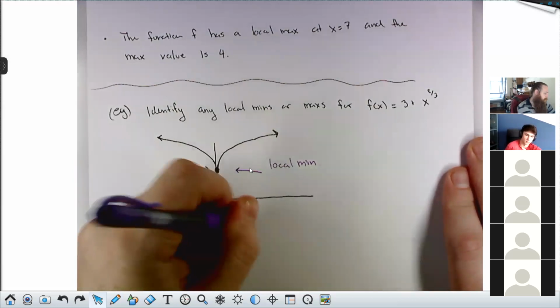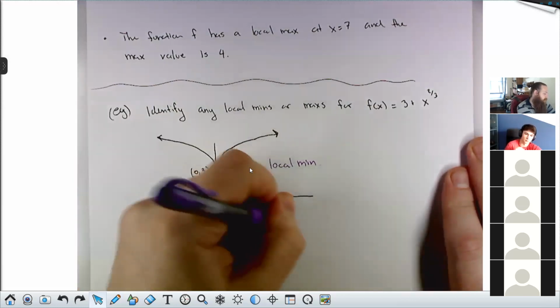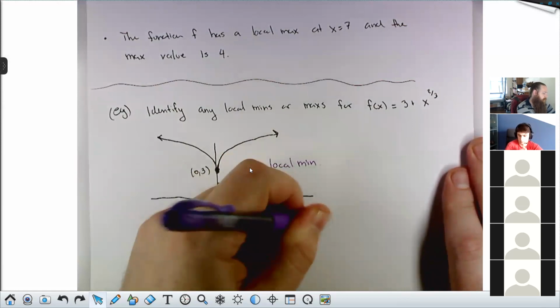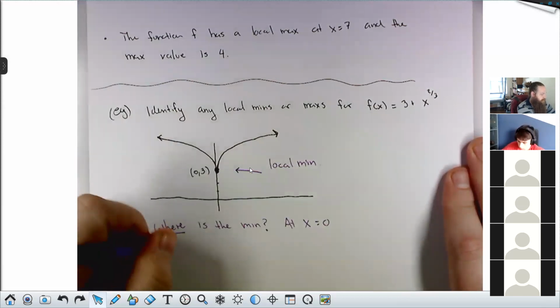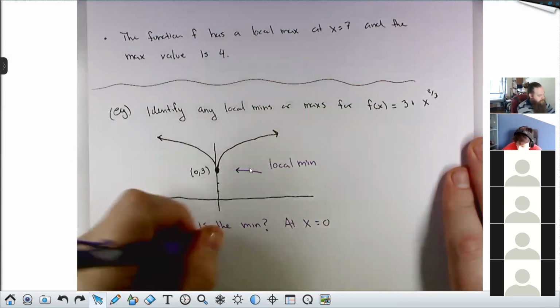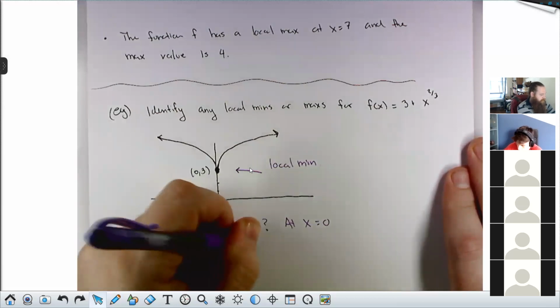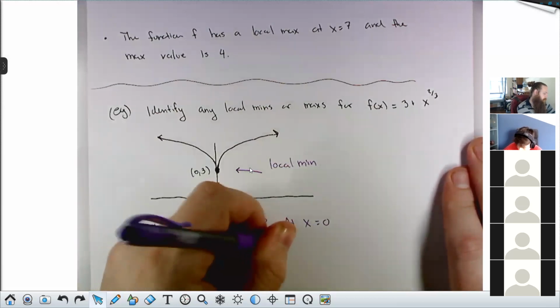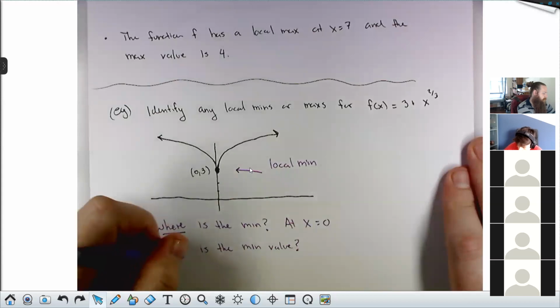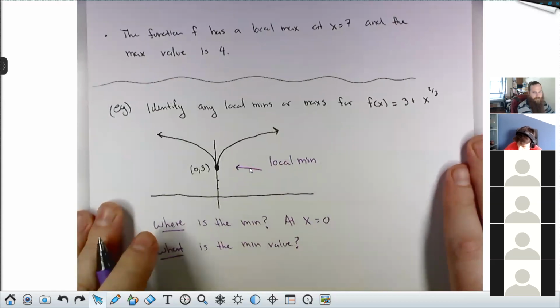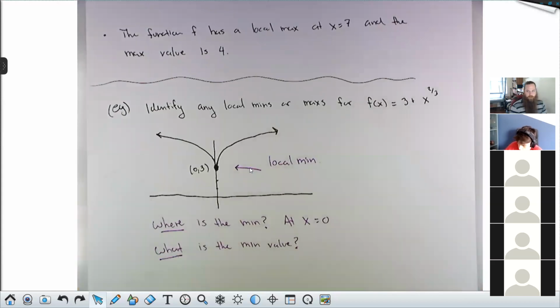Where is the min? At x equals 0. What is the min value? So we identified the min, we can point to it, right? It's right here.